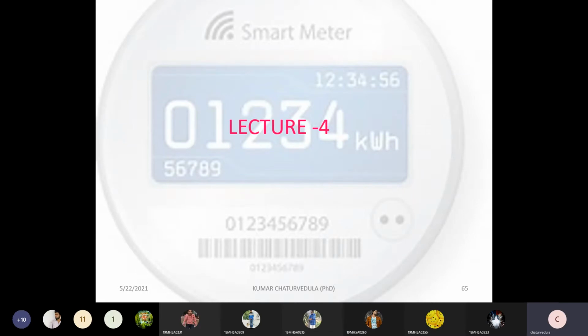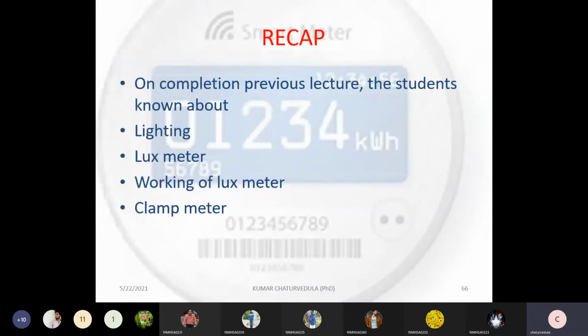So this is lecture number 4 in continuation to the discussion on energy instruments. We have seen in the previous lectures about the lux meter and also the clamp meter. A lux meter is an instrument to measure illumination or brightness.